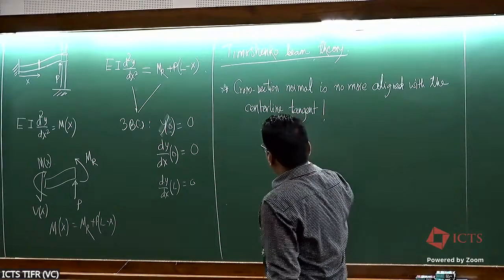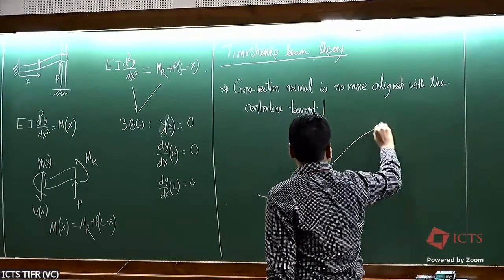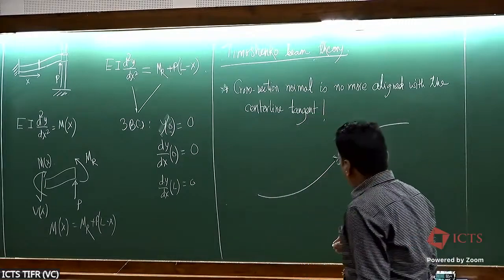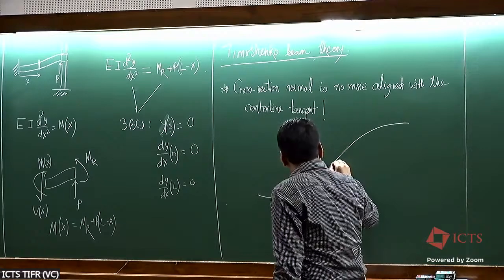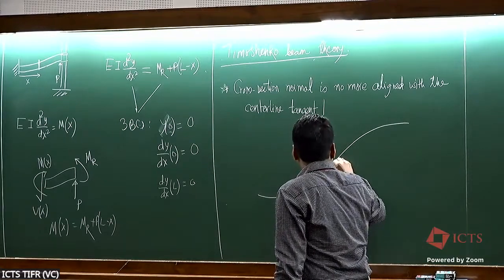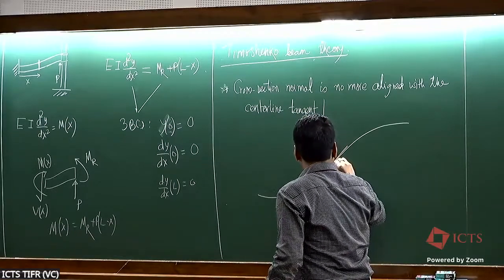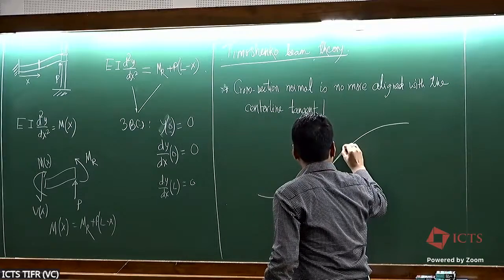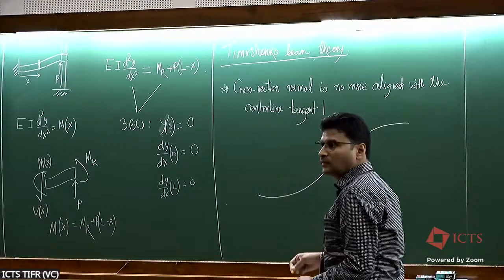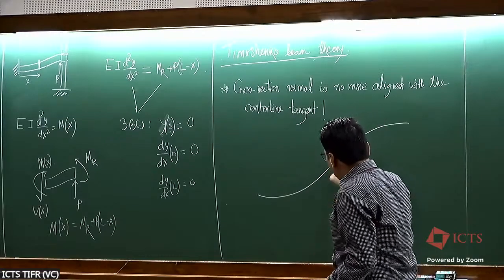What this means in terms of picture is that you have this centerline curve, and at any point you have the slope, but the cross-section normal will not be aligned with the slope.